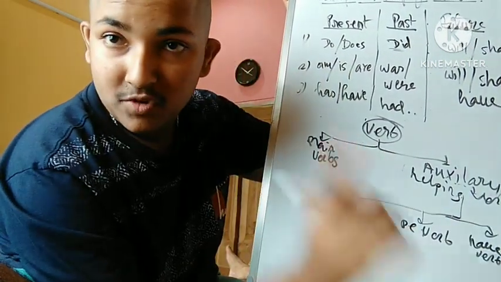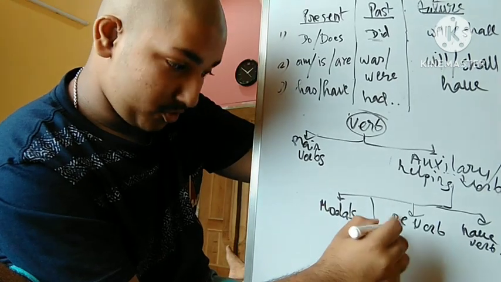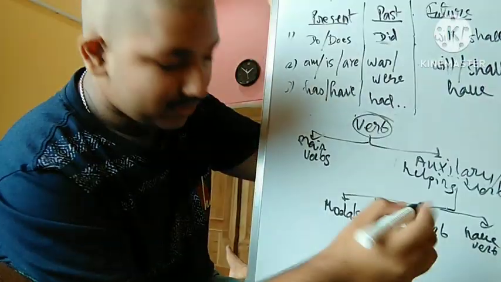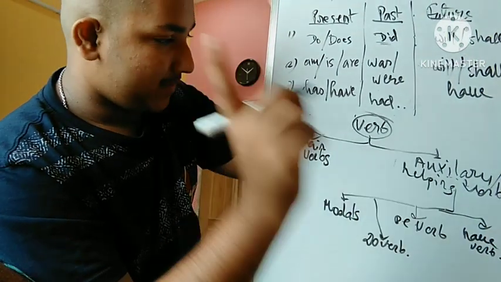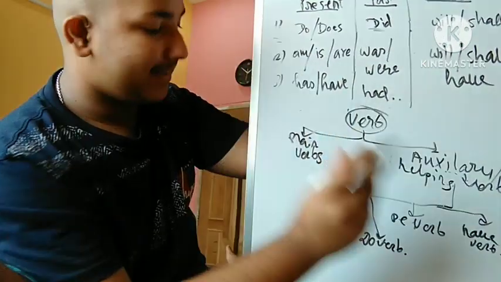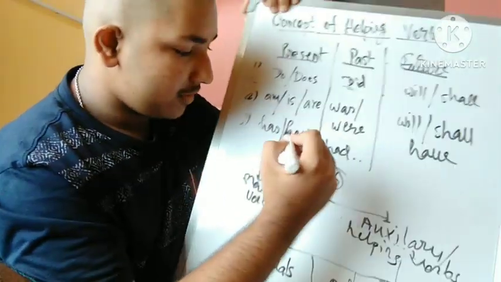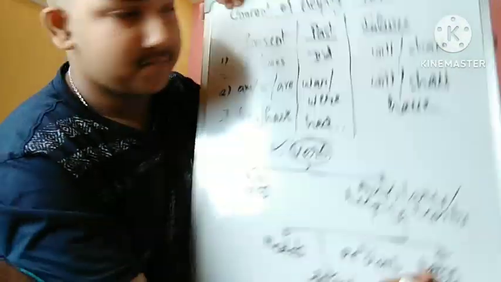And sometimes do is also used there. Sometimes, not always, but sometimes do verb can also be used as helping verb, like here. So this chart is very important, you have to remember this.